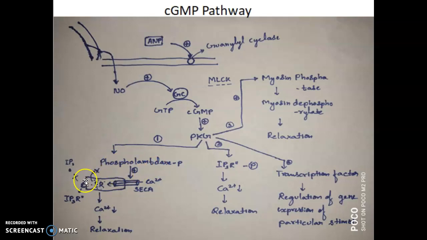Inside the cell, there is an organelle called the endoplasmic reticulum. In the endoplasmic reticulum, there is stored calcium, and on its surface there is a pump which can be called the sarcoplasmic endoplasmic reticulum calcium ATPase pump.